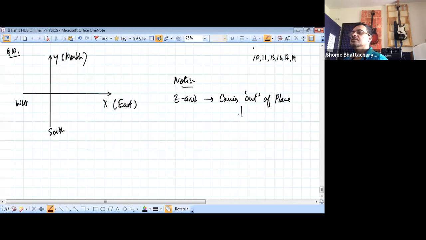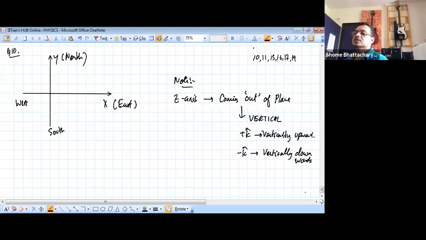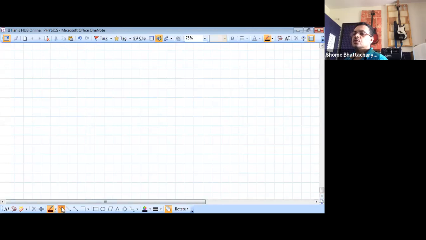Okay. And that will represent which direction? That will represent the vertical up direction. Okay. So plus k cap will be the vertical direction. And accordingly minus k cap will be the vertically downwards direction. This is vertically upwards. Or if you want to understand this three-dimensionally, that also we can do. So you can see that if you draw an imaginary two-dimensional plane like this.